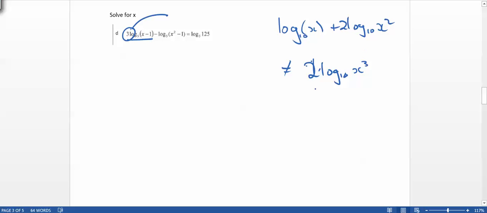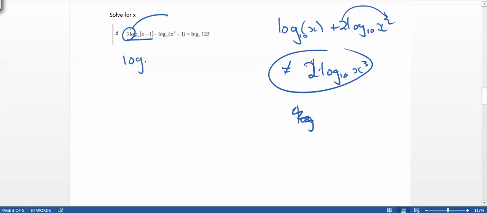What we have to do is apply this law in here. So we've got log to the base 5 of (x minus 1) to the power of 3, minus log to the base 5 of (x squared minus 1), is equal to log to the base 5 of 125.